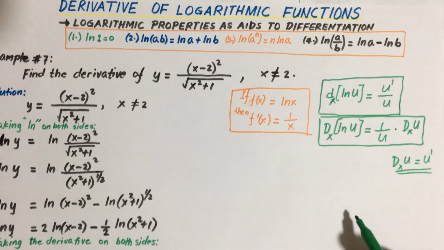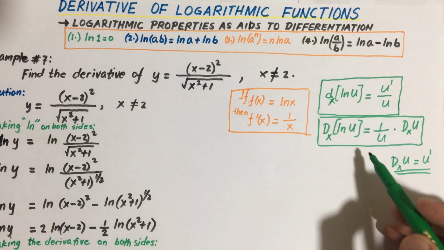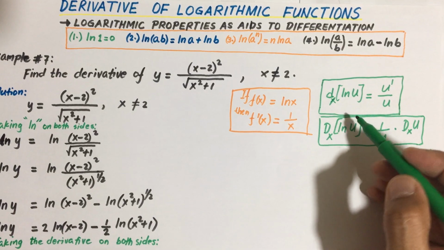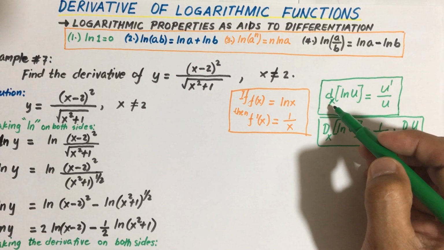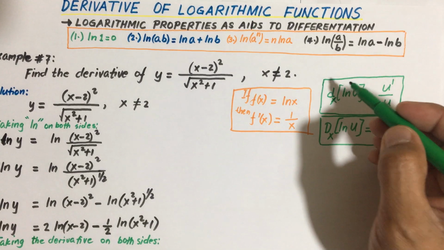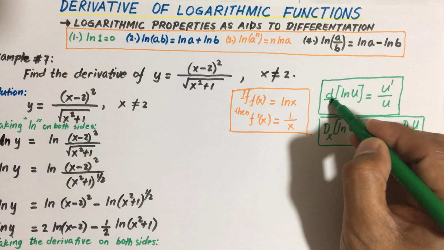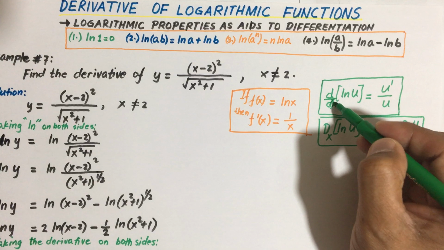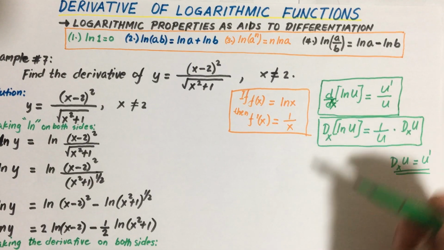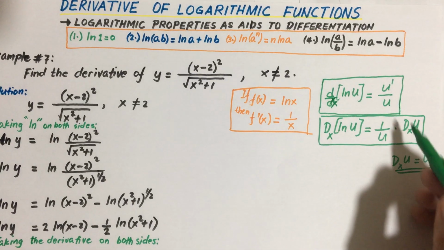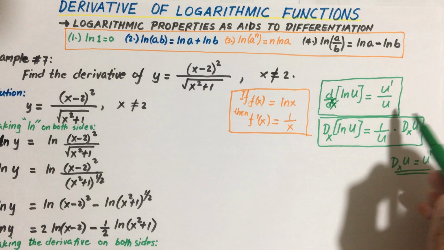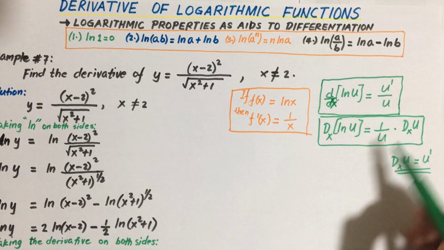So whether you use d over dx of ln u or u prime over u, they're just the same, and you can use either one.